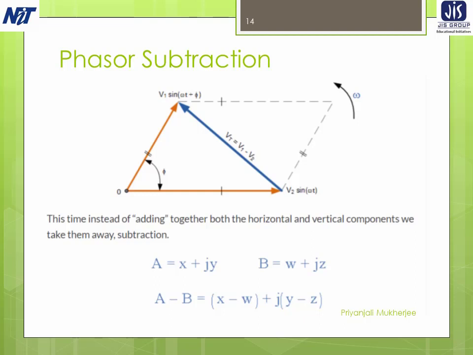So here we can draw the opposite, that means plus b and minus b have a 180 degree difference, and then we can add both a and minus b to get the total resultant vector. So here we can write a is equal to x plus jy, and b has the horizontal and vertical components w plus jz, and a minus b represents x minus w plus j of y minus z, just the same way.